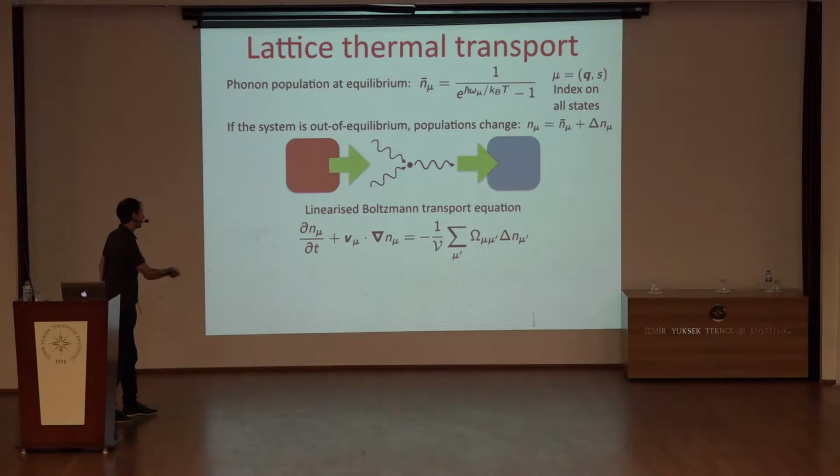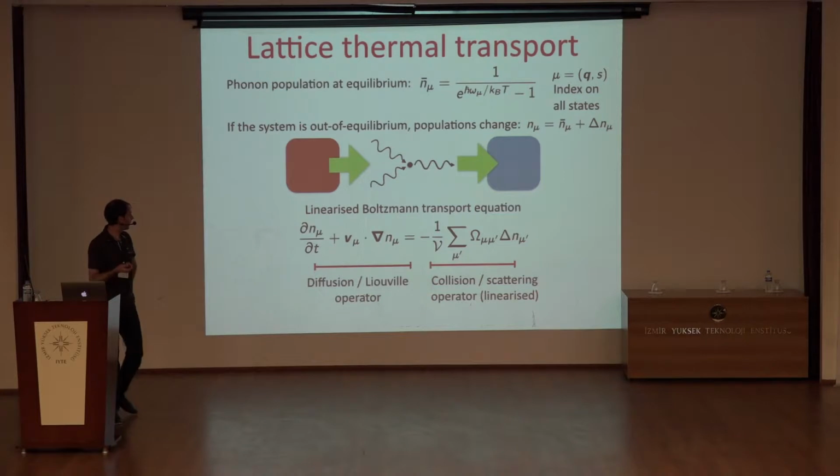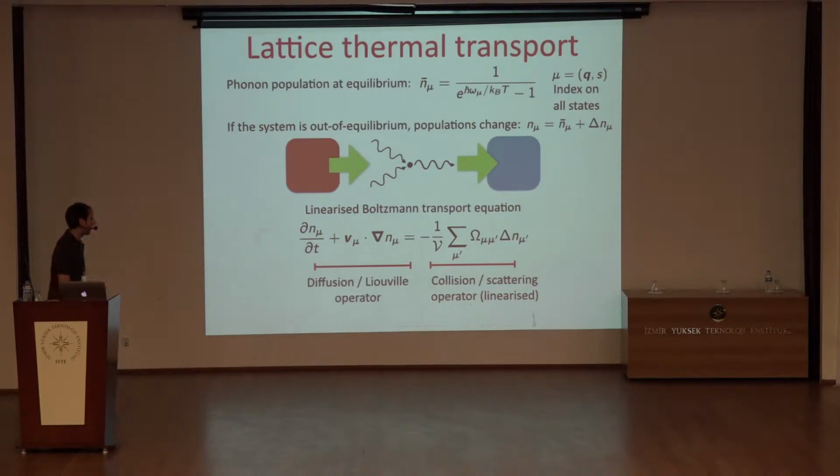which is a closed expression that you can solve in order to obtain this out of equilibrium distribution function for phonons. It's a balance equation. On the left you have the diffusion or Liouvillean operator, which describes how the phonon state will evolve in time and space due to the action of a certain phonon group velocity.